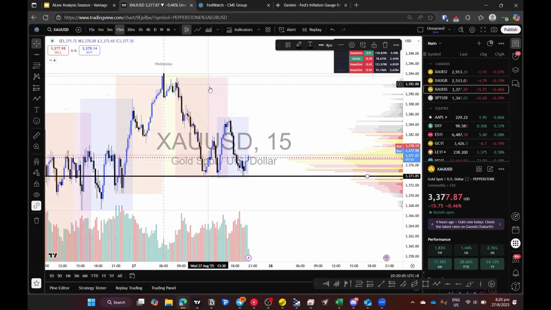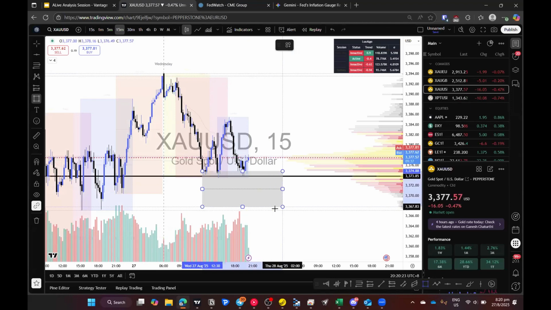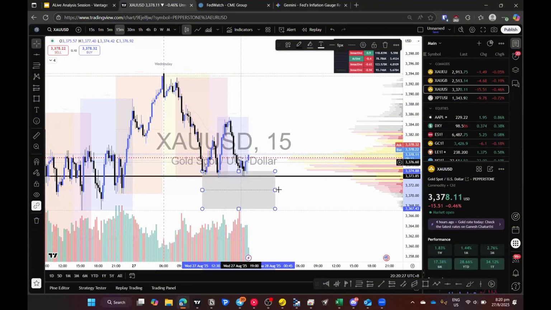Red is the Asian session, and then the blue one is the London session. So you see a lot of buying coming in at 33.73. And if you want to buy as a buyer, there's sufficient liquidity at this area for you to actually buy.